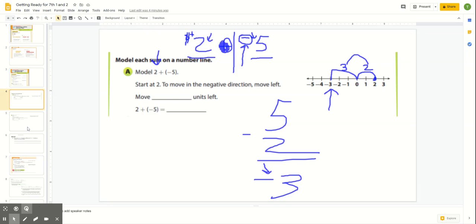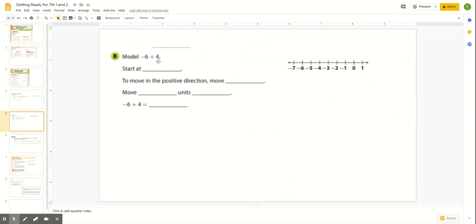Here's another example: -6 plus 4. I'm going to start on my starting point. -6 is here. Now what do I do? I am going up by 4. So now I'm moving 4 to the right, and I end on -2. The other way to look at it: different signs. What do we do in math when we have things that are different?